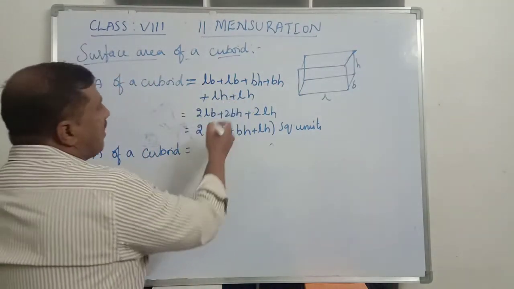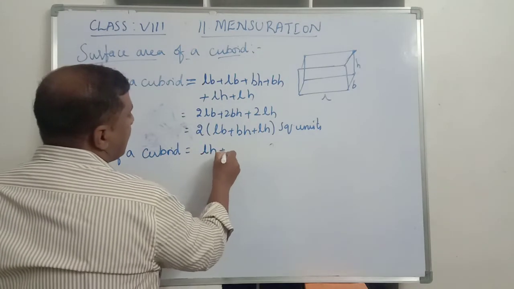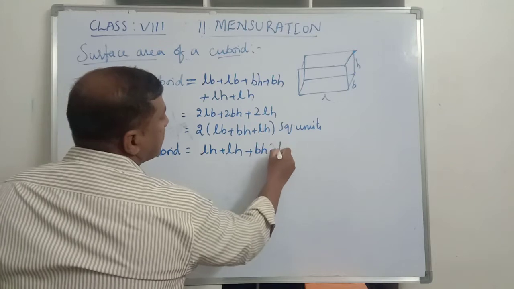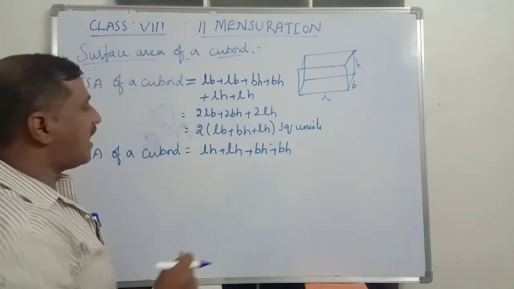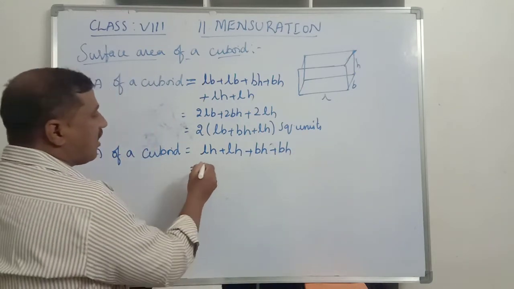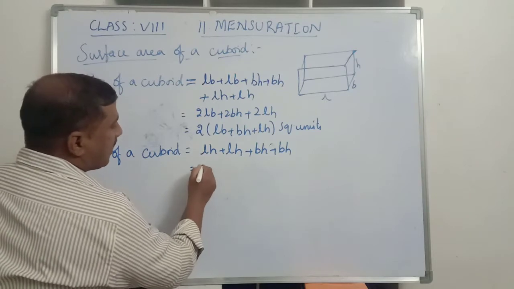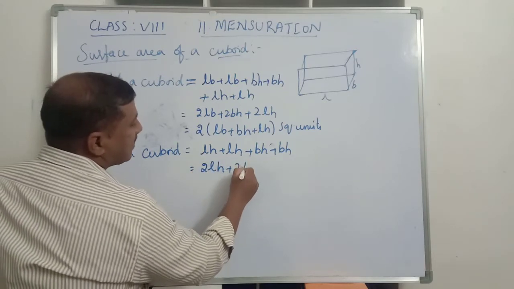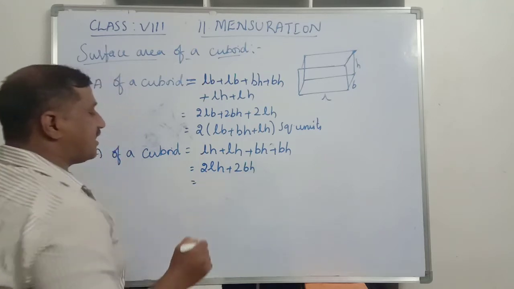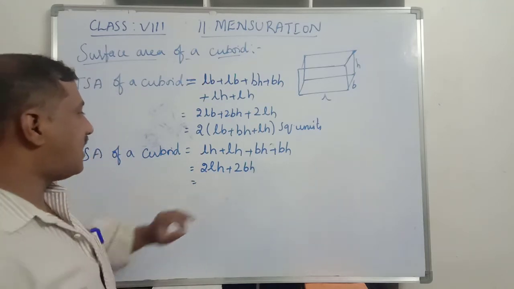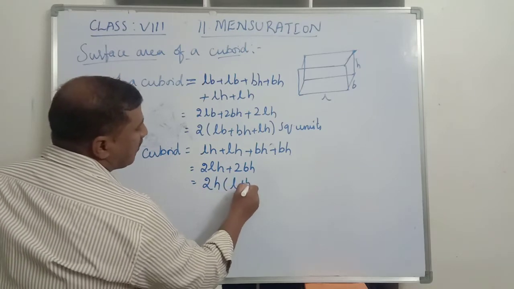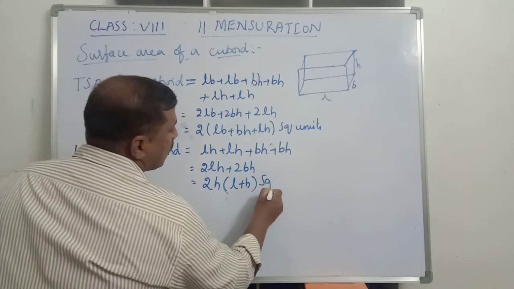Therefore its area will be LH plus LH plus BH plus BH. So LH plus LH is 2LH, plus 2BH. Now if you observe, 2 is common and H is also common, that is 2 into H whole into L plus B square units.